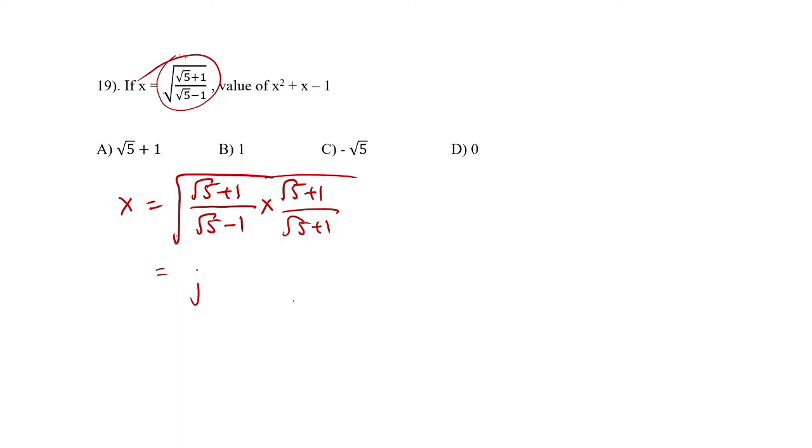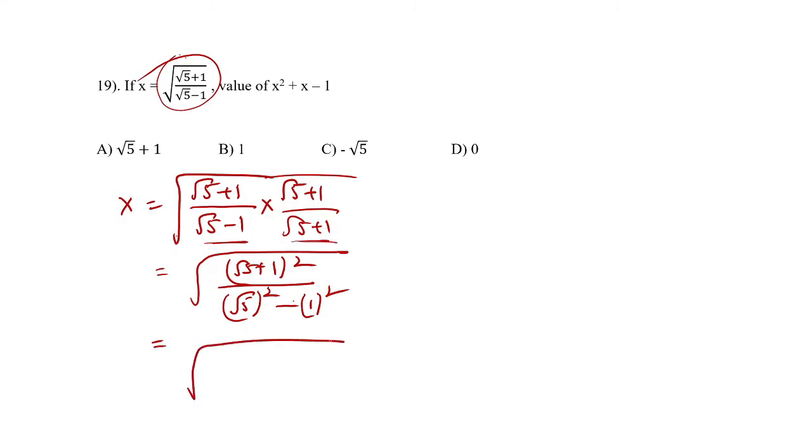That equals, now see, root 5 plus 1 whole square by a minus b and a plus b, which means a square minus b square. Root 5 whole square minus b square means 1 square. That equals root over root 5 plus 1 whole square by root 5 square means 5 minus 1.